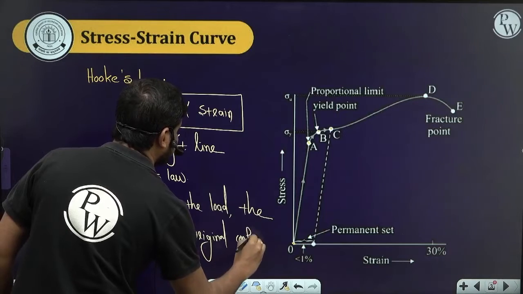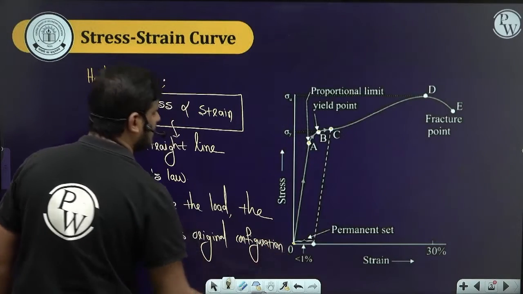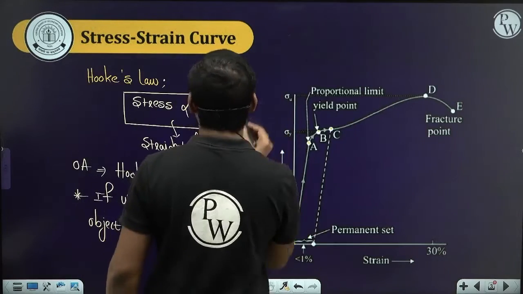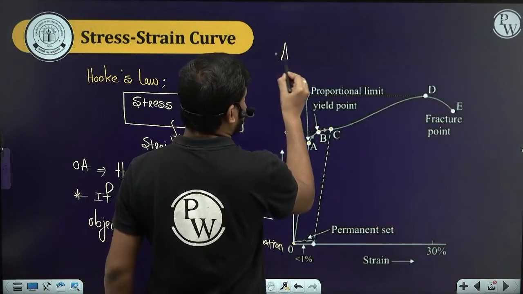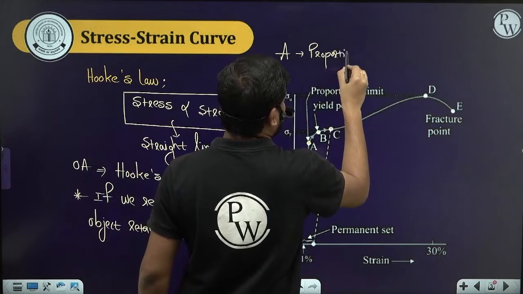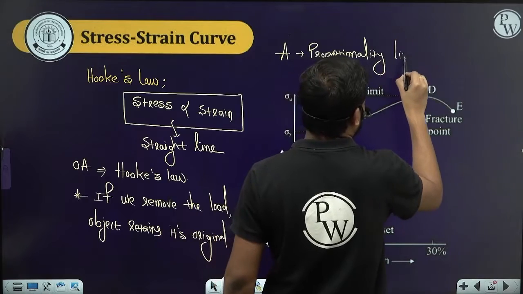That means there is no permanent change in this region. So this point A is called the proportionality limit.